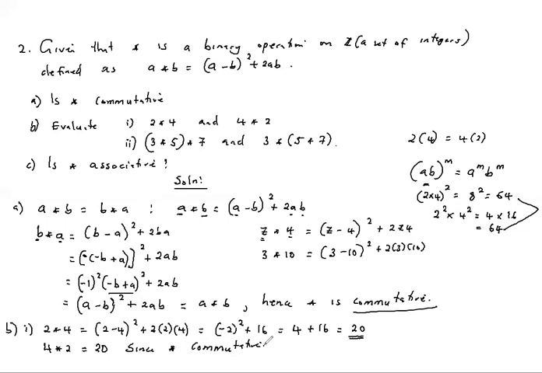Okay, so what about the second one? 3 star 5 star 7. So first thing, the brackets. So we'll get 3 star 5. So in the definition, we should have 3 minus 5 squared plus 2 times 3 times 5.